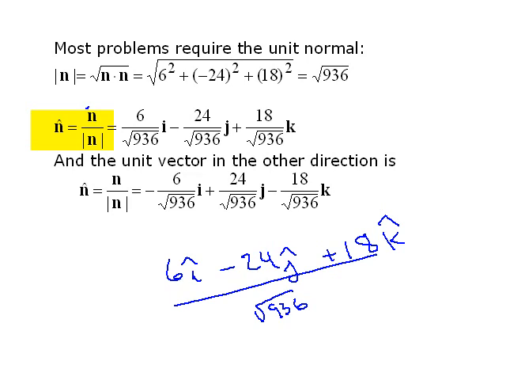Oh, the other thing is you don't always have to work out this to like 10 decimal places. If you leave a radical, a lot of times it's okay because often later in the problem that radical will resolve itself. Also, by leaving it in this form, you will remember what you're doing. When I look at this, 6 over square root of 936 minus 24 over square root of 936, 18 over square root of 936, I know immediately what that 936 was.